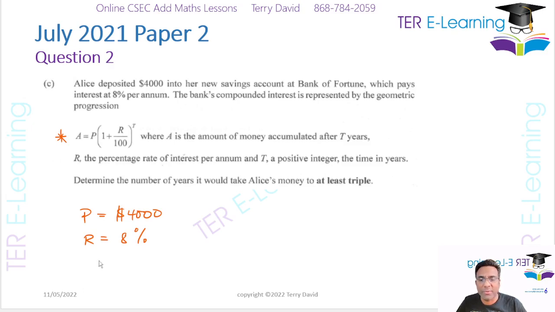So A, the amount of money she has after the time period, is going to be 4,000 multiplied by 3, which is equal to 12,000. So what we are being asked to do here is to figure out how many years it's going to take for that to happen.